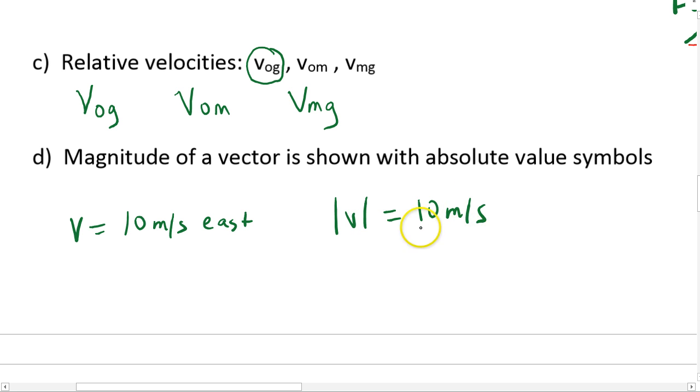If I just wanted to talk about its magnitude, I would do the absolute value. If you recall how that works, the absolute value of, say, -3 is equal to 3. So whatever is inside of those two vertical lines, we just make positive. This is when we're doing straight numbers and scalars. This is how we do this with vectors.